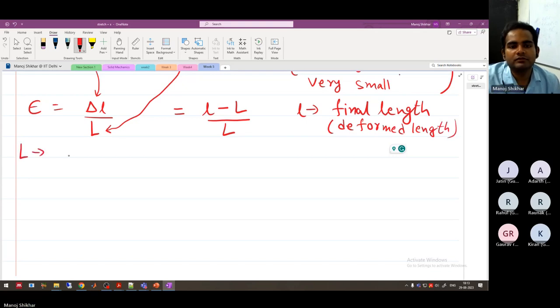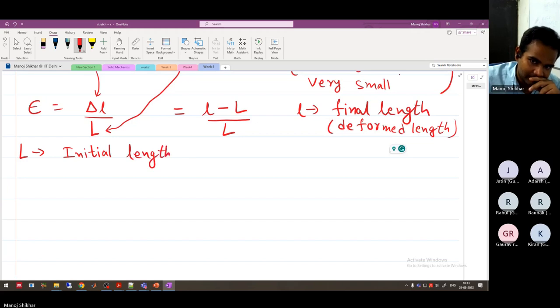Capital L is the initial length of the body, not rod.